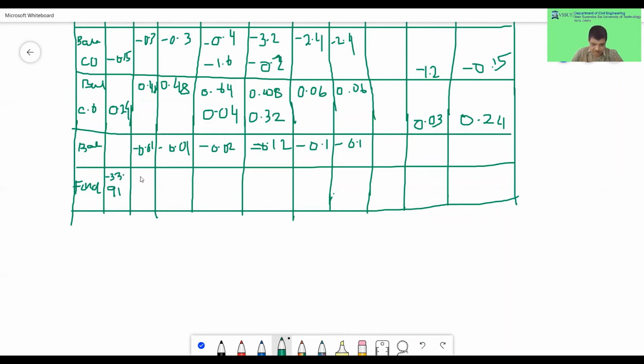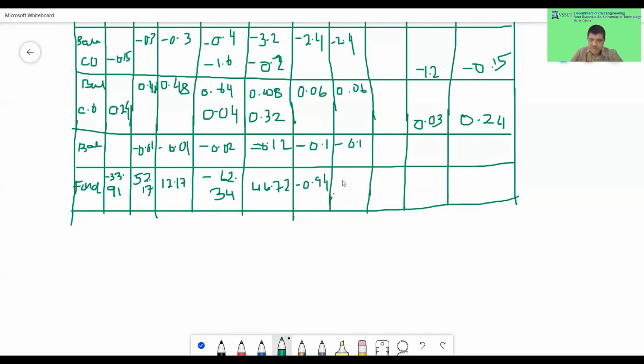You calculate here, it comes 52.17, and this value comes 12.17, and this value will come minus 62.34, and it will come here 46.72, and this value comes minus 0.94.